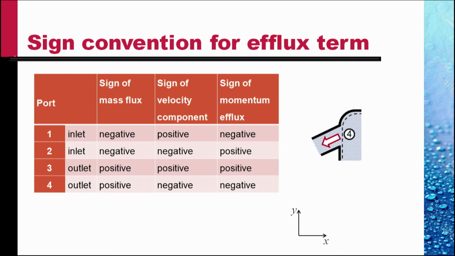But if the exit is like this, the sign of the mass flux is positive: the area vector is towards the left, the velocity vector is towards the left, and so the mass flux is positive and the velocity component is negative, so the momentum flux has a negative sign. We'll follow this convention in writing all the momentum fluxes.